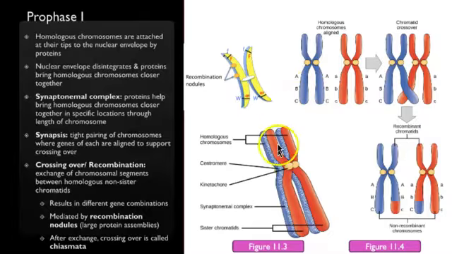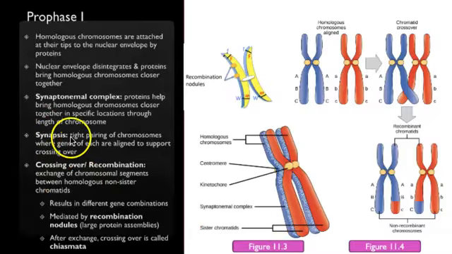Now, one important feature that we can see pictured over here is going to be our synaptonemal complex. And this is a protein structure that's aligning these homologous chromosomes side by side at precise locations along their length. And this alignment is allowing for synapsis to take place.